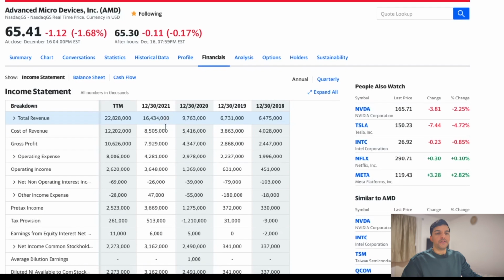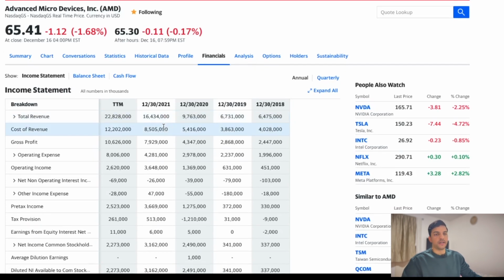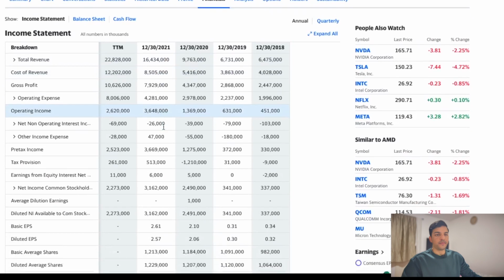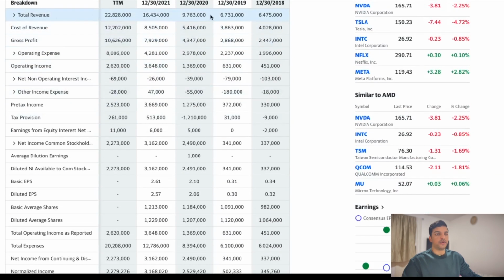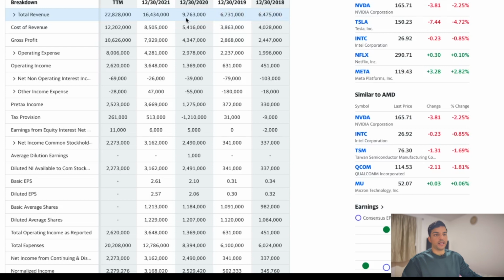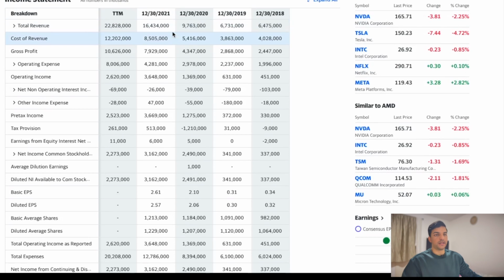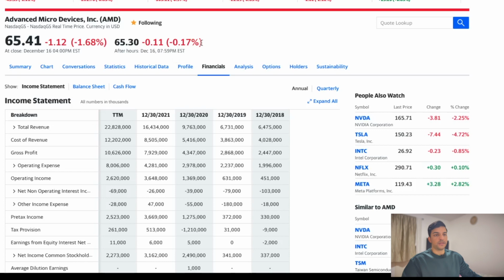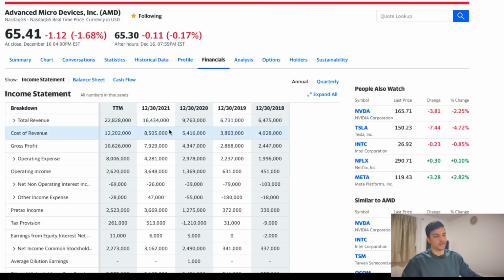So at the end of the day, what do you have to consider when you want to invest into a company? First of all, you have to see that the total revenue of a company is increasing year over year, and that's what we see here for AMD. In 2018 the revenue was 6.4 billion, then in 2019 6.7, 9.7, and then after 2021, as we know, the semiconductor market has been given a lot of subsidy from the government, and AMD has been able to generate a lot of revenue.